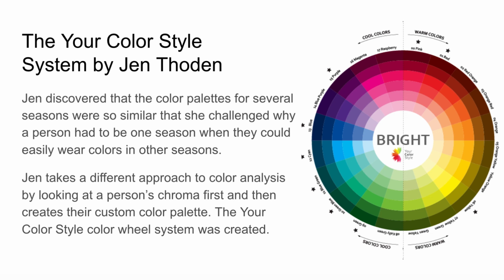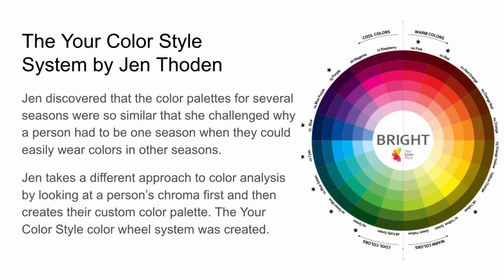You're going to learn that the first thing that we look at when we look at an individual is their chroma, where most of the time in other color systems, we look at the undertones first. So we're going to get into all those details, but I wanted to help you understand where this came from and for you to know that everything that is in color analysis is built on something from a previous attempt and from the past.